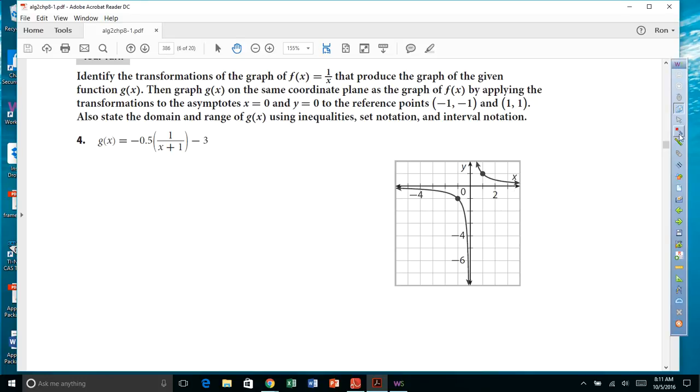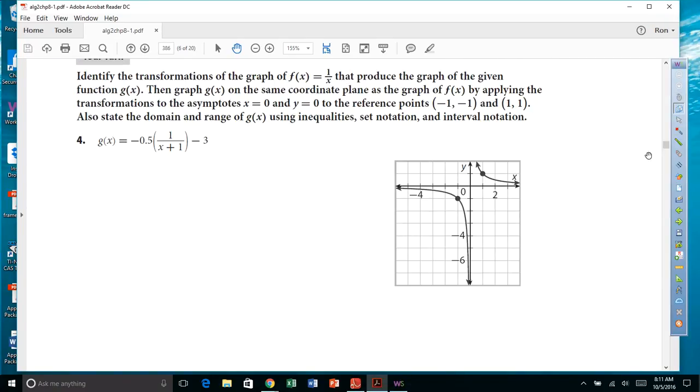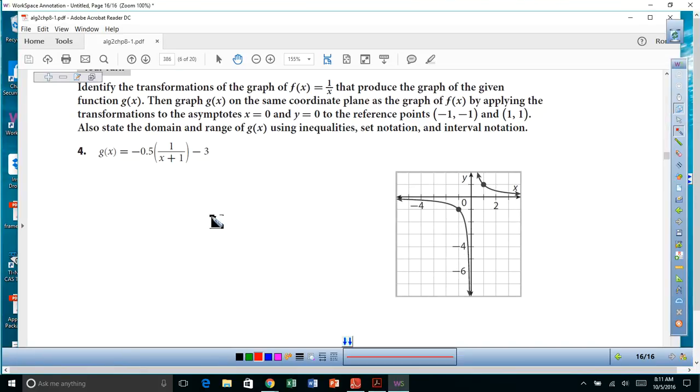So let's take a look at what we got. I didn't mean to do that. Okay, so here we got. First, let's find our h. What is our h? I think before I did blue for h. So h equals -1. Okay, and I got that right there. Okay, good.